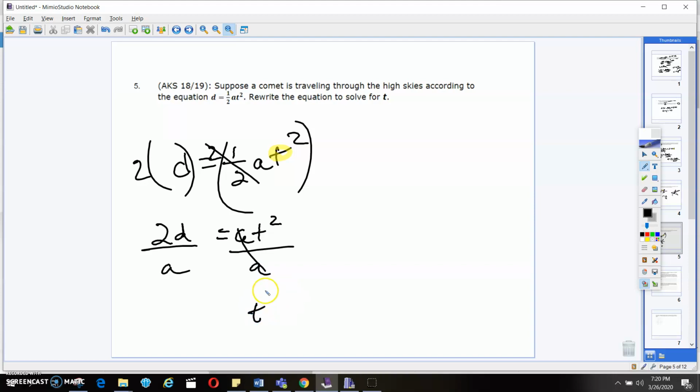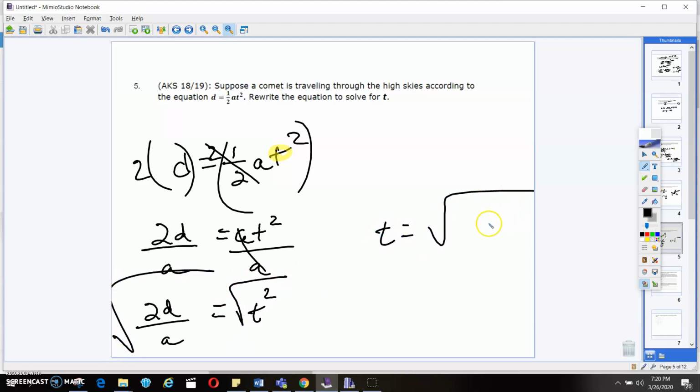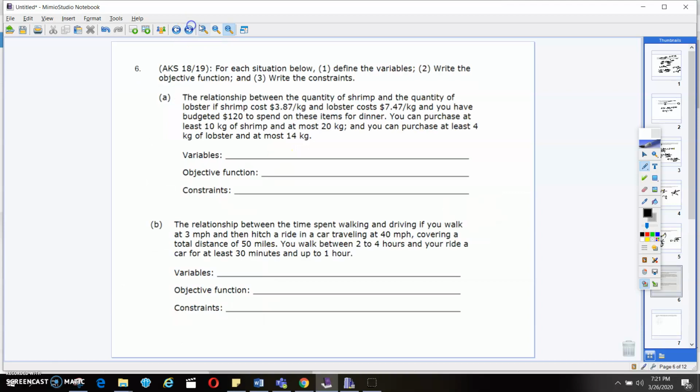And that's going to give me T squared equals 2D divided by A. T is still not by itself. It's got this squared. So in order to get rid of a square, we're going to take the square root of both sides. So my final answer is T is going to be equal to the square root of 2D divided by A. All right. Again, if I'm going too fast, pause the video, go back, whatever you need to do.